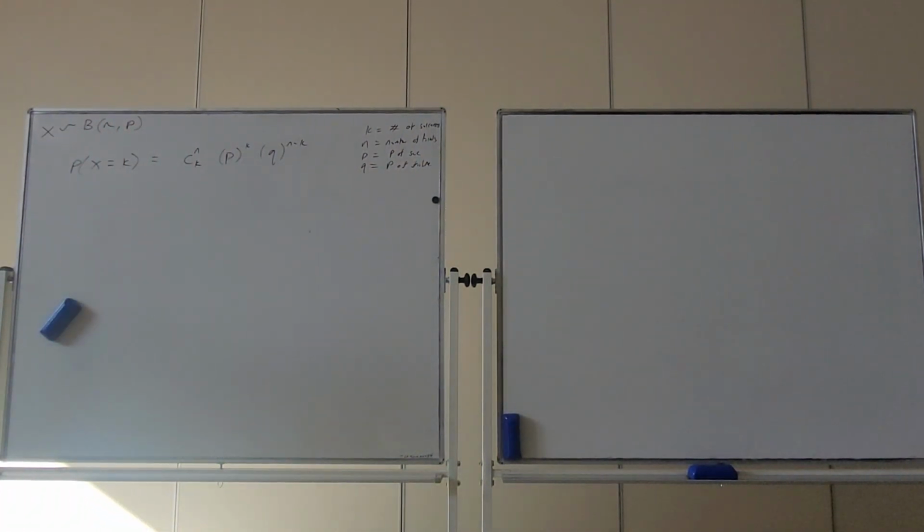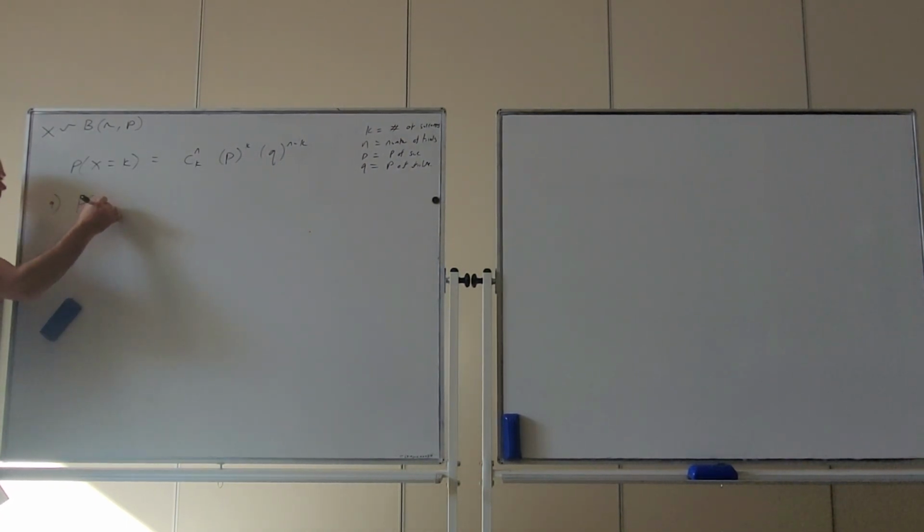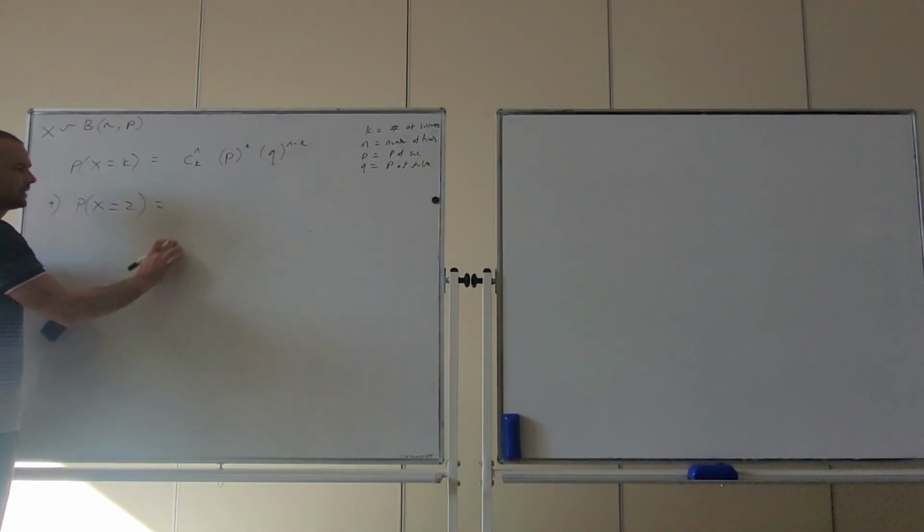So we've got an unfair coin. The probability of it landing on heads is 0.53. Part A, calculate the probability of exactly 2 heads out of 3. So this is the probability that the random variable is equal to 2 successes out of 3. We're just going to plug in all that information.